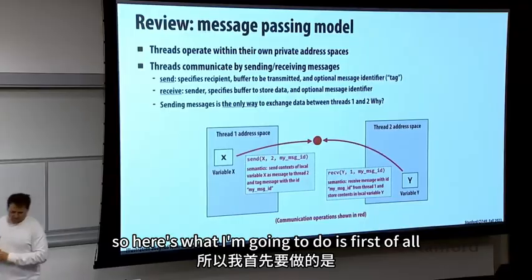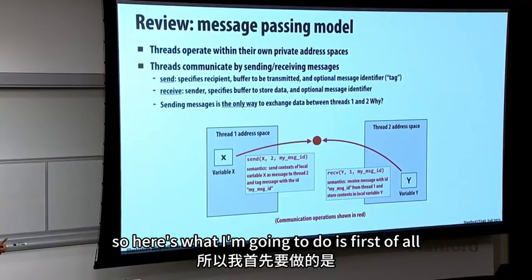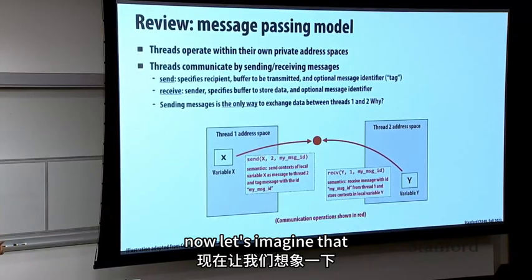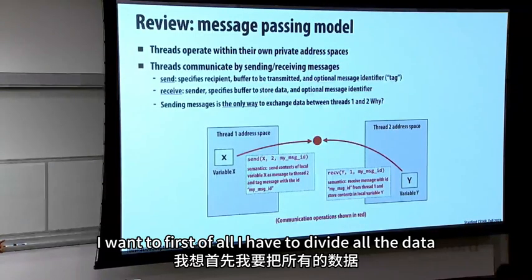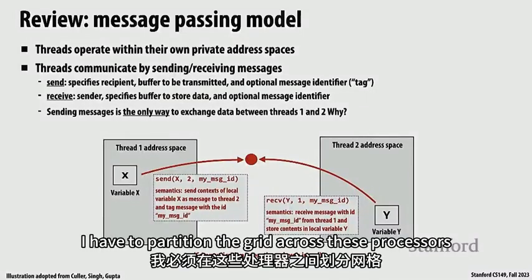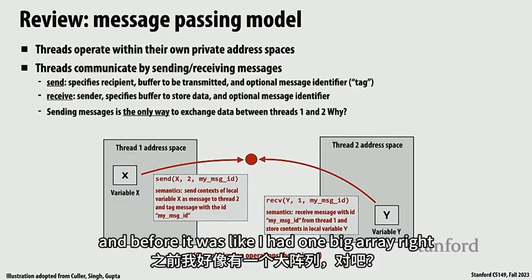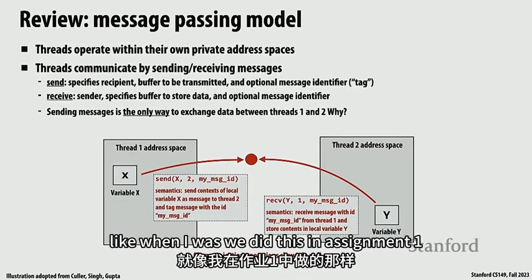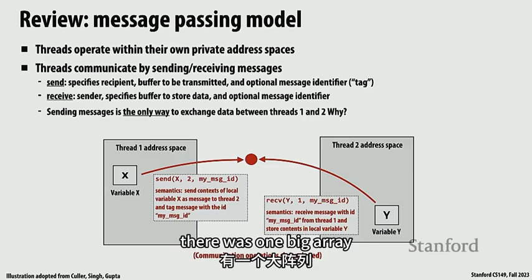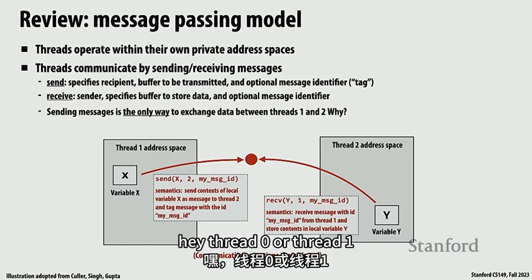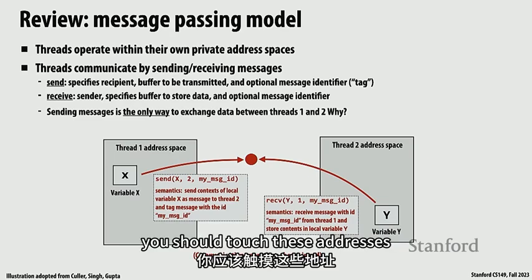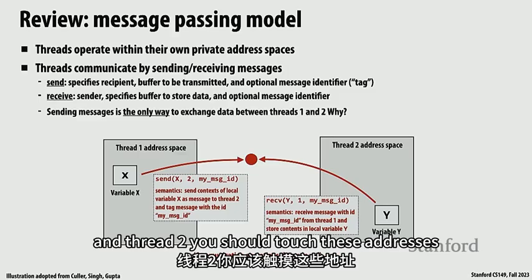So here's what I'm going to do. First of all, let's imagine that I have to partition the grid across these processors. Before, I had one big array. When we did assignment 1, there was one big array, and the code of the program said, hey, thread 0 or thread 1, you should touch these addresses, and thread 2, you should touch these addresses.